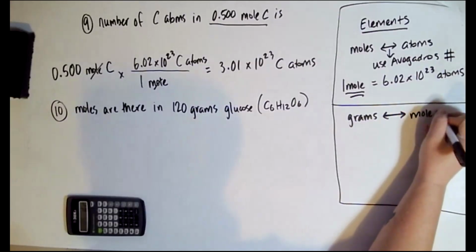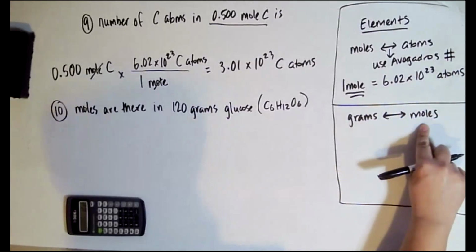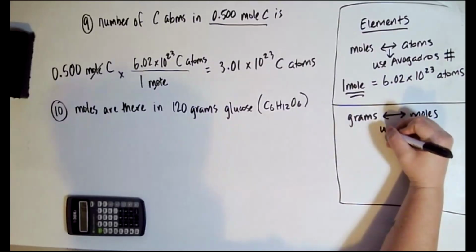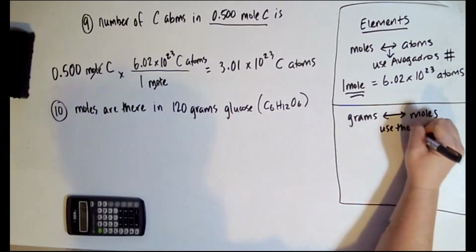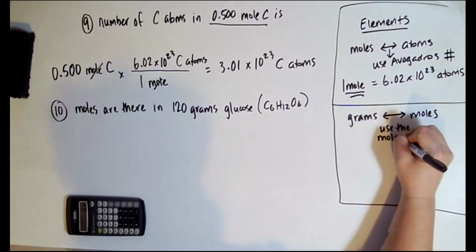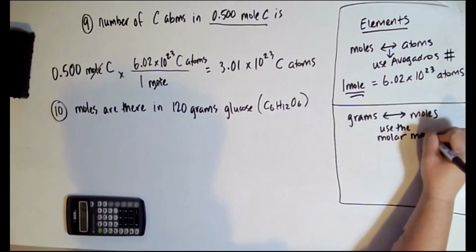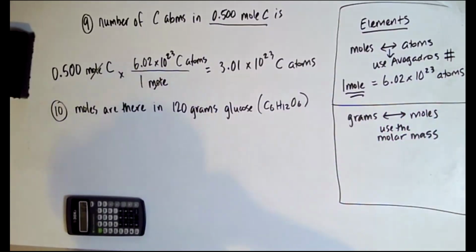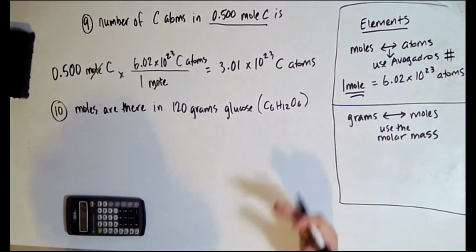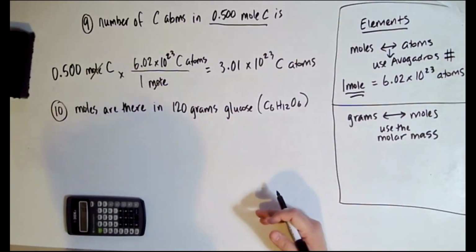The only way that you can make this connection is to use the molar mass. Whether you have an element or a compound, using the molar mass is how you're going to convert back and forth between grams of that substance and moles of that substance.